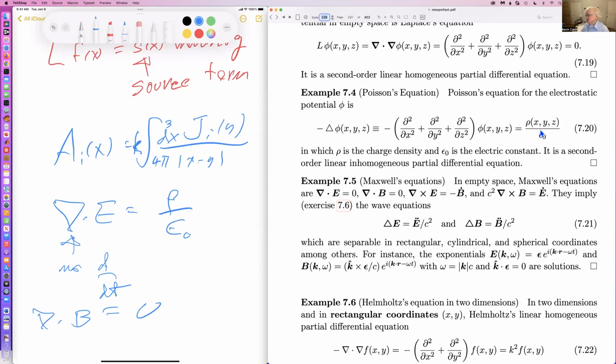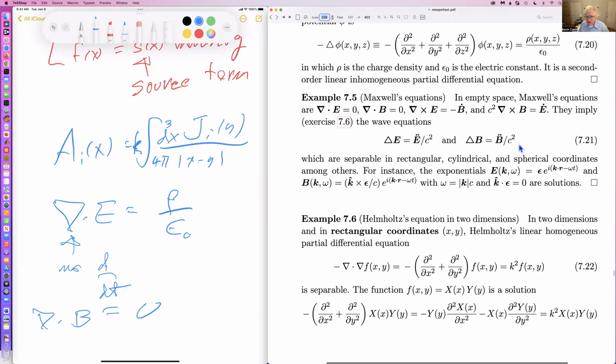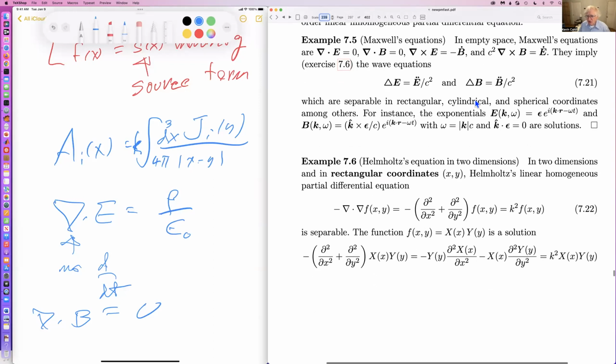The inhomogeneous solutions could be very complicated if rho lacks symmetry. Now, in empty space, Maxwell's equations are very nice. They take this form here, and in fact, they imply these wave equations. These are separable in rectangular, cylindrical, and spherical coordinates, and these are particular solutions.